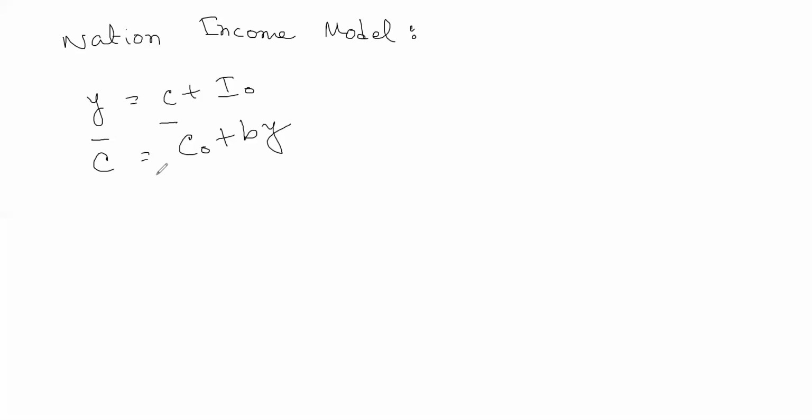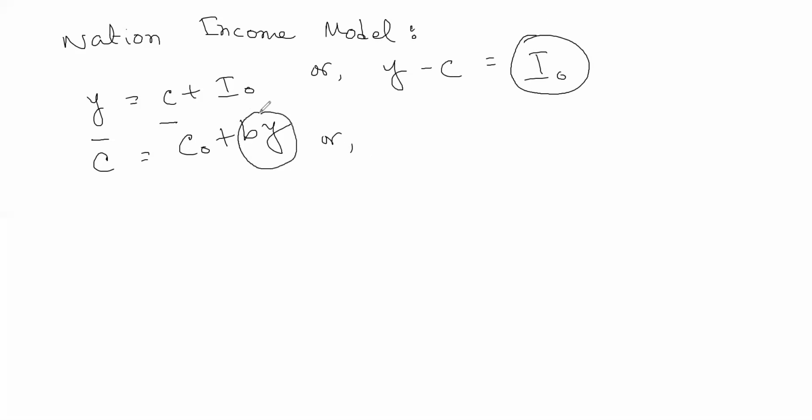So in that way we can rewrite the first equation as Y minus C is equal to I naught, to keep the given value, the vector of constants, on the right hand side. And for the next equation, as we are keeping the Y terms in the first column, we'll be keeping this B Y in the first column, and while we are interchanging the side, this plus B Y becomes a minus B Y, and this C remains on the same side, so it's a plus C, which is equal to C naught.